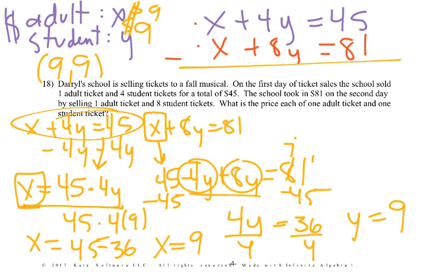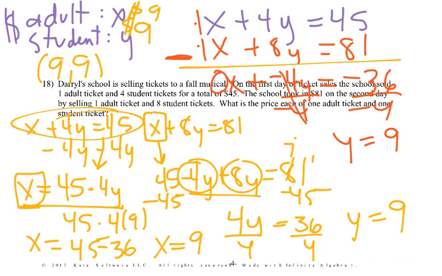Okay, now what if we used elimination? Well, 1x, 1x, so I'm going to subtract, because 1 minus 1 would give me 0x. Plus 4 minus 8 would be a negative 4y equals 45 minus 81, which would give me negative 36. Divide by negative 4, and I would get y equals positive 9.